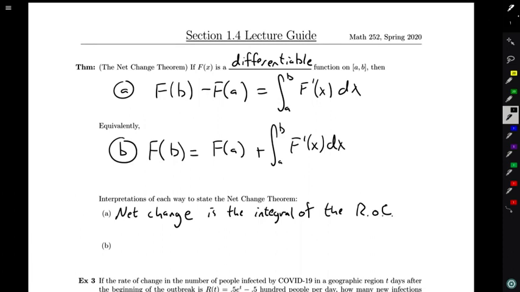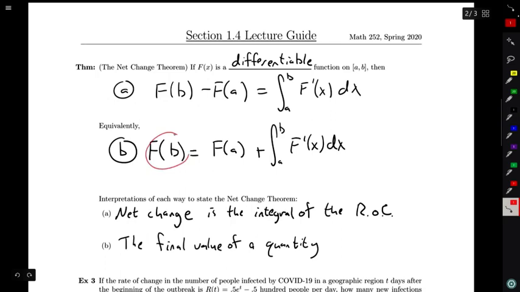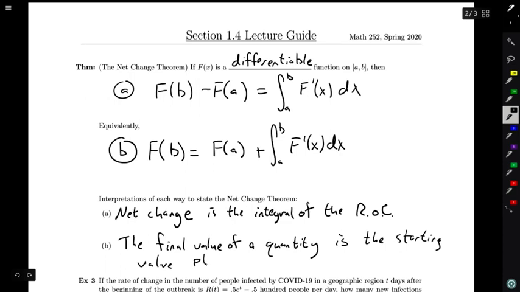So this is a nice way of thinking about how much in total a quantity changes. Well, if you know its rate of change, then you integrate. Part B, or the second part of this statement, says that the final value of a quantity, so that is this f of b here, we're thinking about that as the final value, is going to be the starting value plus the integral of the rate of change.